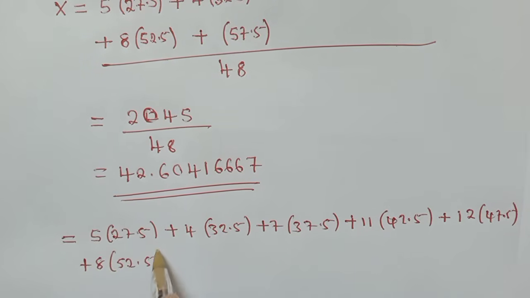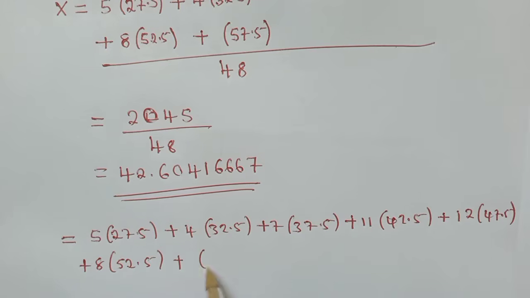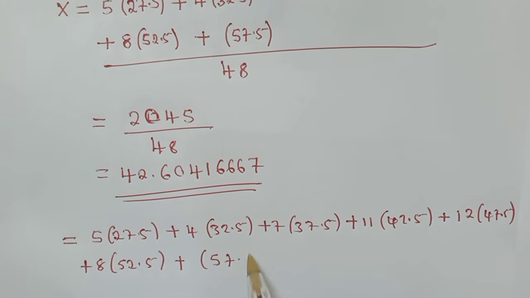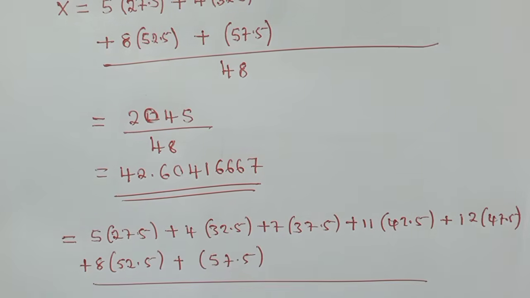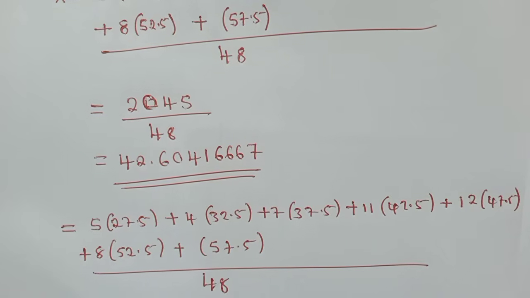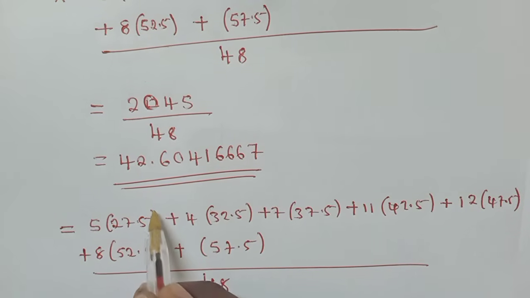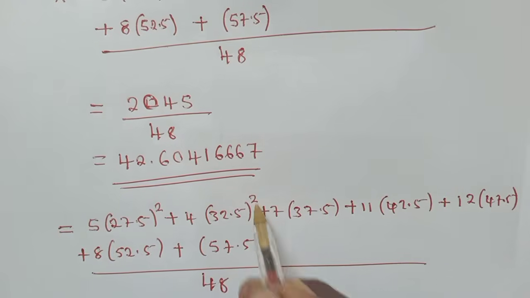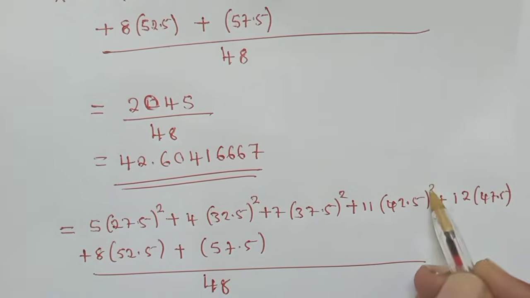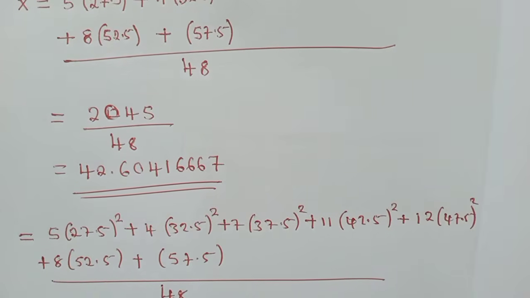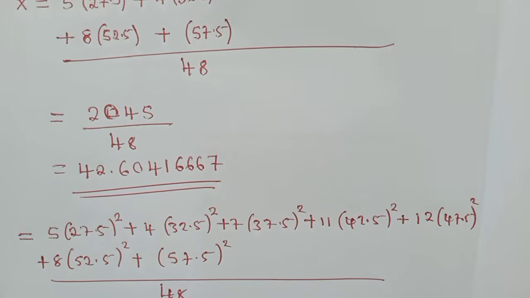We're almost concluding. We have 57.5 here, everything over 48, sorry. So now you start putting a power 2 here, power 2, power 2, power 2, power 2, power 2, power 2.